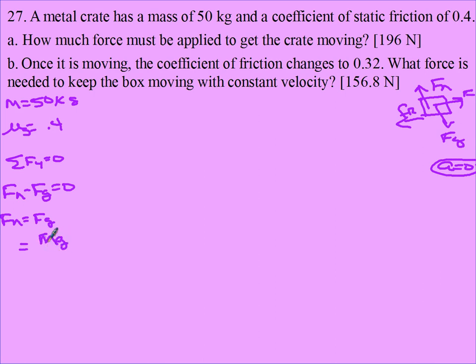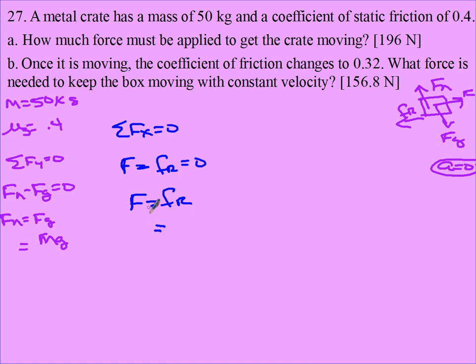Let's just leave it like this, really, for this one. Let's sum the forces in x now. This is equal to 0 because the acceleration is 0. So I have an applied force minus frictional force equals 0. So I know the applied force has to equal the frictional force.